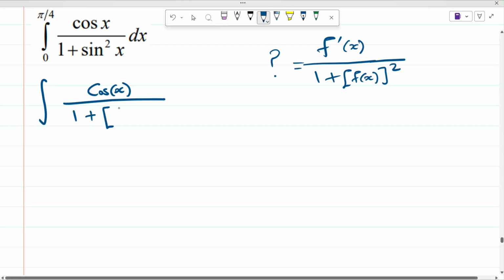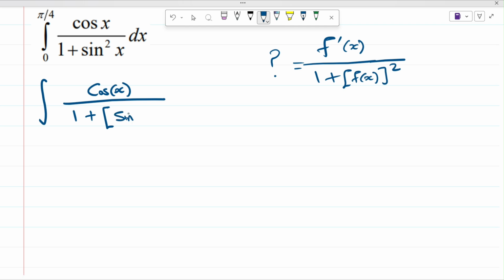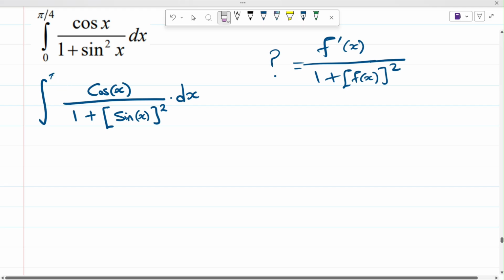So it's the same thing, guys. It is the same thing. So the integral of cos x over sine x squared dx, from 0 to pi over 4. We can see that it's in this format, right?